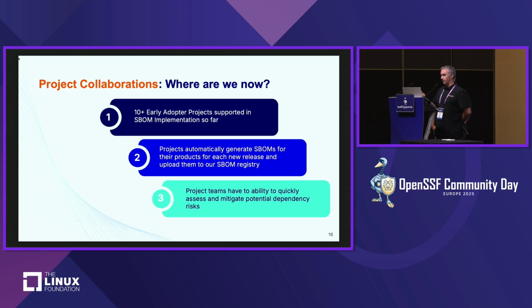So we have Java, NPM, Python, and another one. They now generate SBOMs for each of their releases and upload them to our registry, so that we can start to see what kind of tooling we can create from that, and we start to gather the data important for further usage.